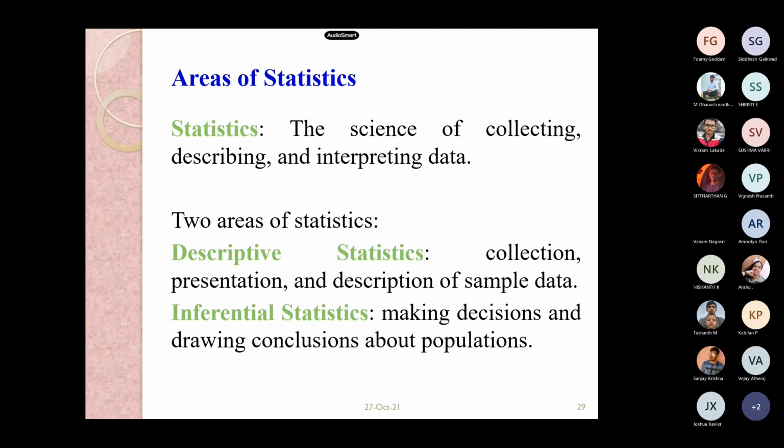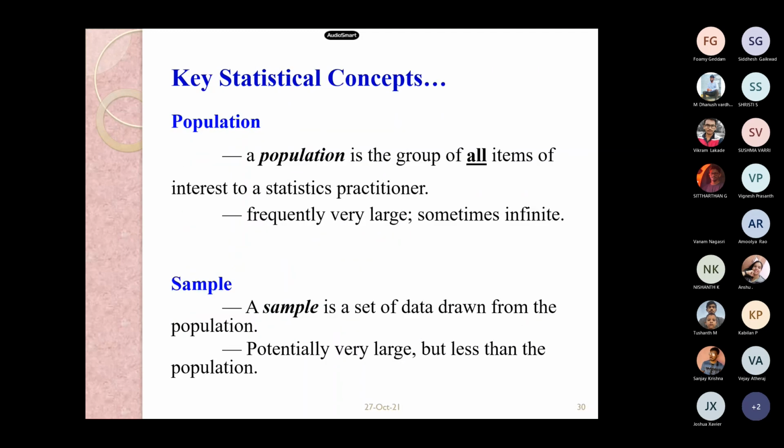There are two classifications: one is descriptive, the other is inferential. The collection, presentation, and description is classified as descriptive statistics, and making decisions and drawing conclusions about a population is inferential statistics. And population is the group of all items of interest to the statistics practitioner.